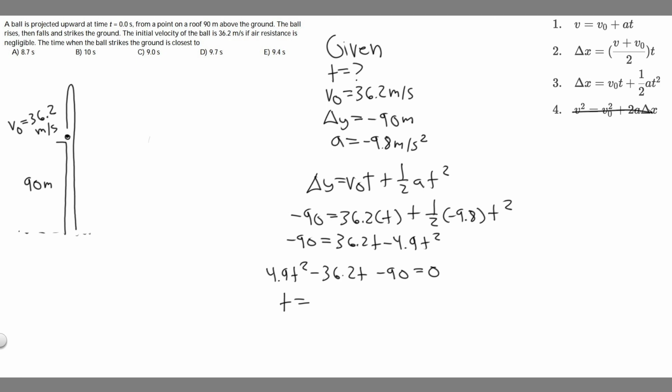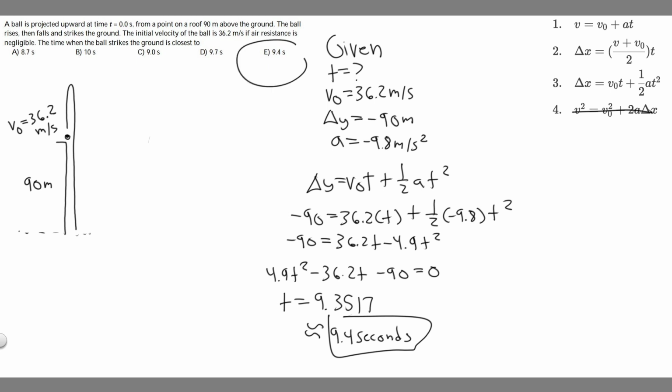You get t equals 9.3517 and so on. I'm going to round to 9.4. So 9.4 seconds, and if you look, E is 9.4 seconds. So our answer is E. That's the time it takes to go from here to here, 9.4 seconds.